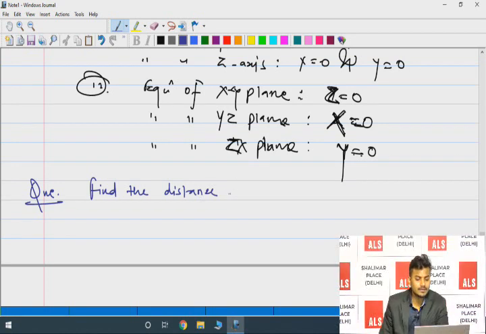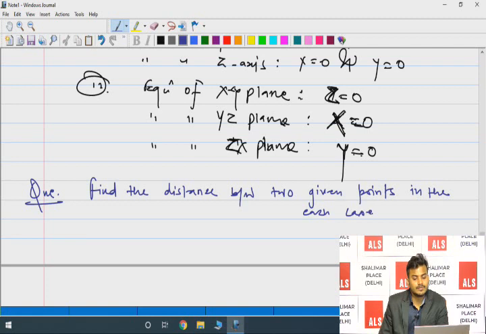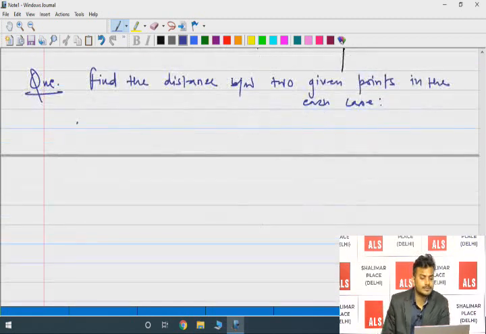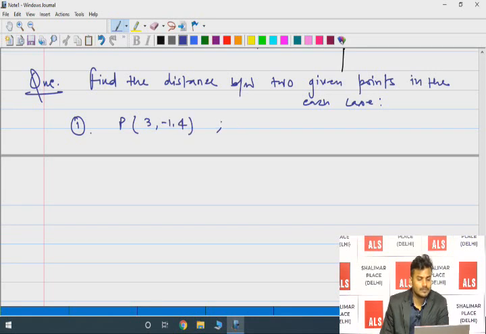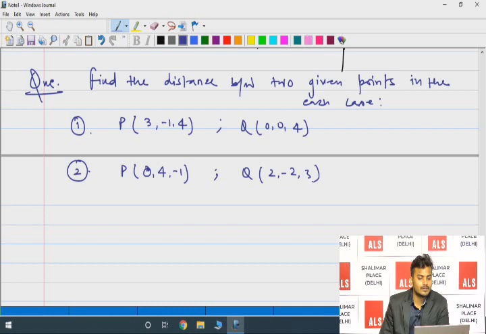Very good, beta. Find the distance between the 2 given points in each case. First, PQ. Okay, enough.